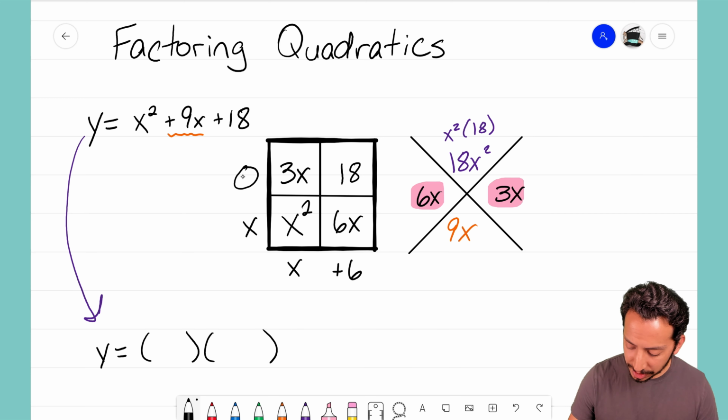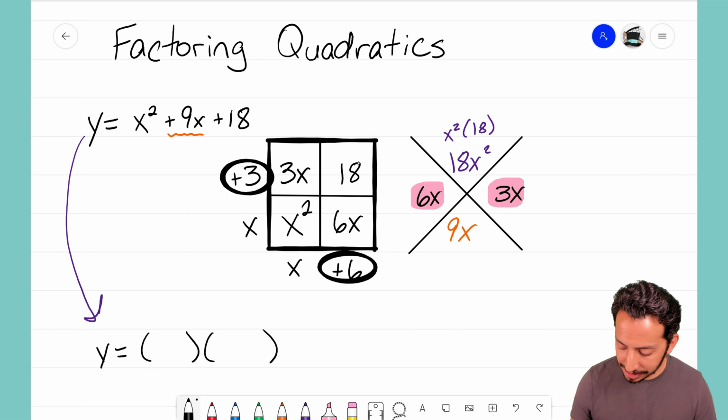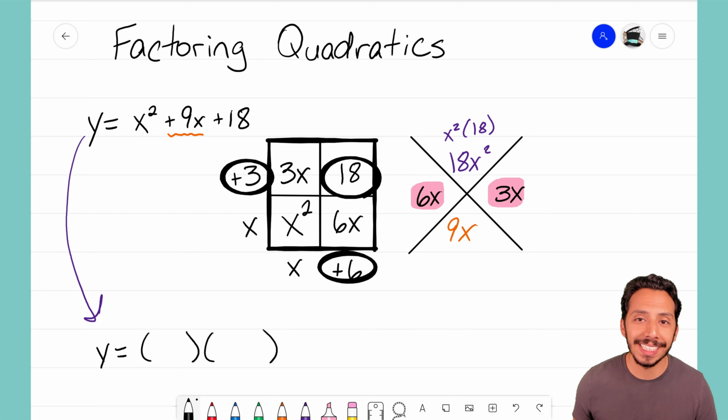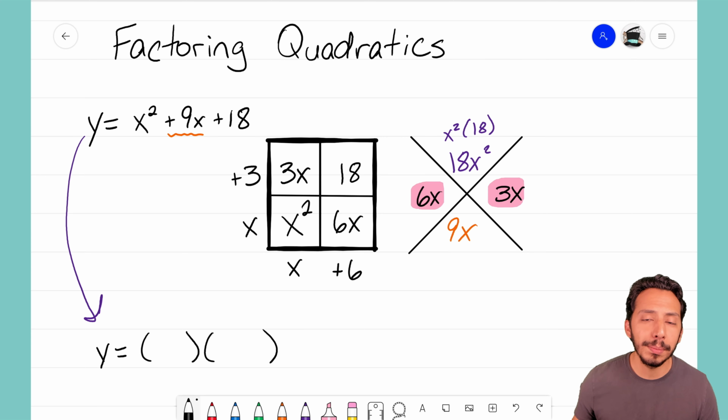And x times something will give me 3x. Well, I think that number is going to be plus 3. And then we can double check one last time to make sure we have the right pieces there. 3 times 6 does give me 18. So I now know that that generic rectangle is fully complete and is correct.